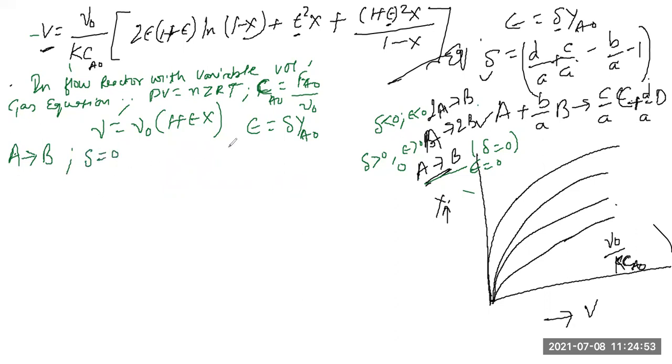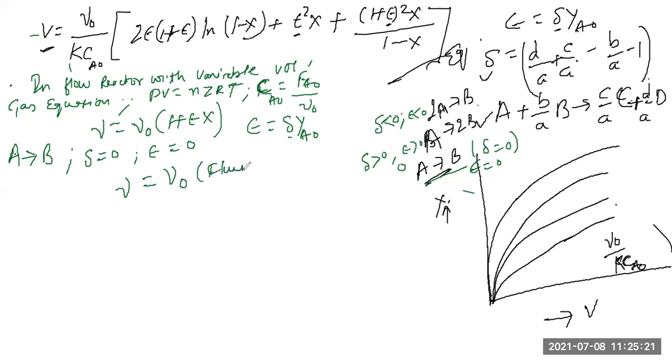Delta equals 0. If delta equals 0, then epsilon equals 0. If I put this value here, then nu would be equal to nu 0, because epsilon is 0. That means the fluid moves through the reactor at constant volumetric flow rate.